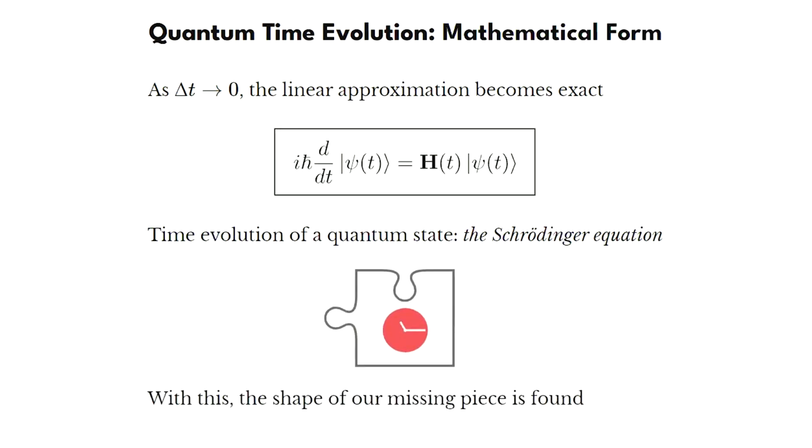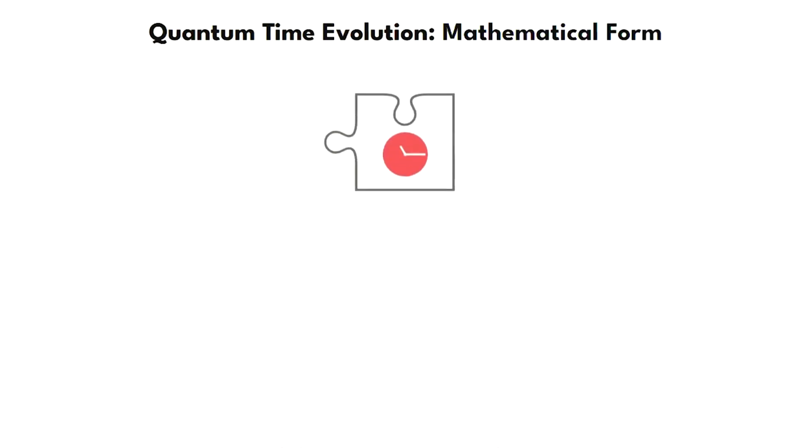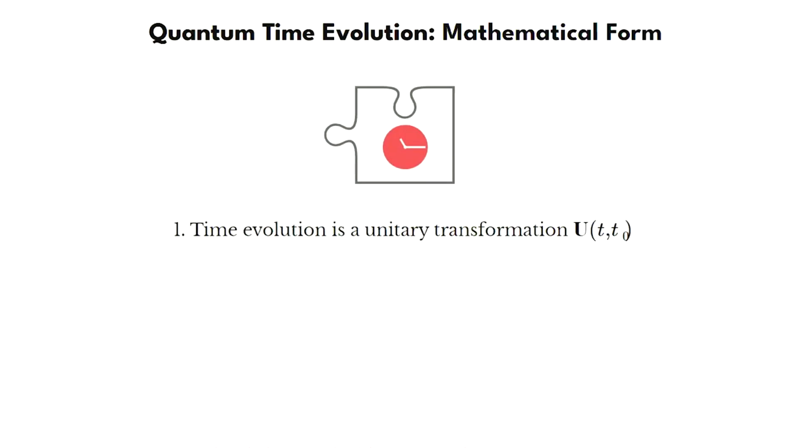And with this, we have found the shape of our missing piece. Now this is just a tool. Let's quickly refresh what I have talked about. First, the time evolution is a unitary transformation that preserves the inner product.